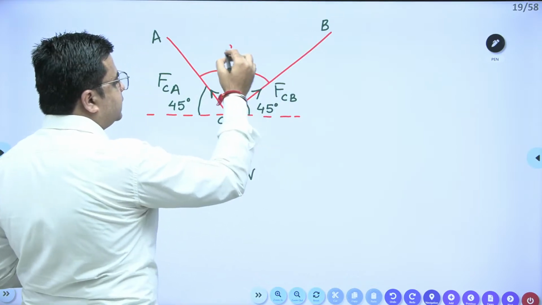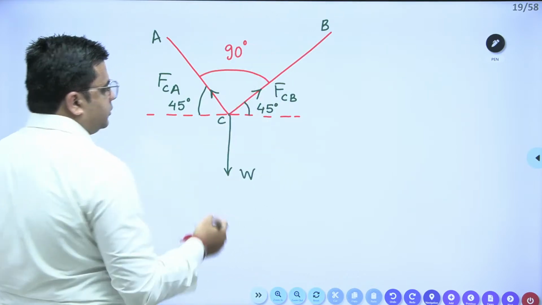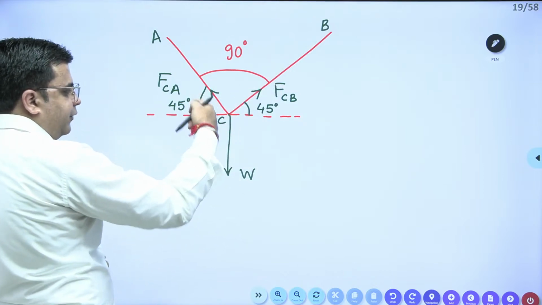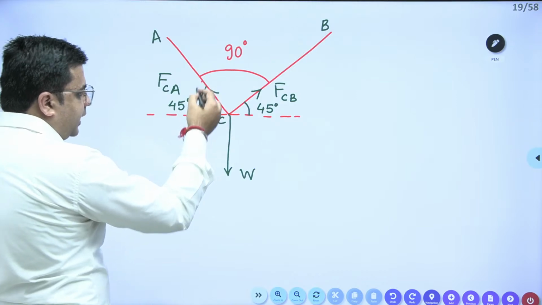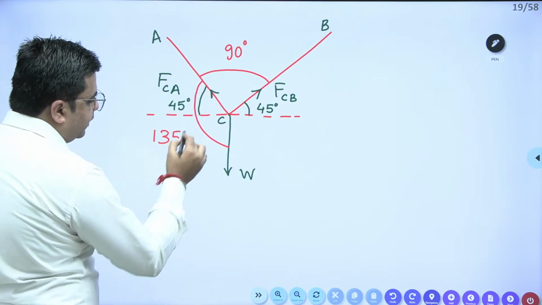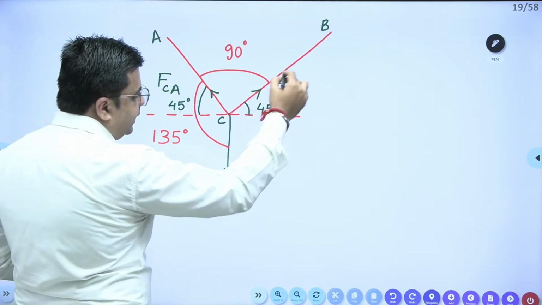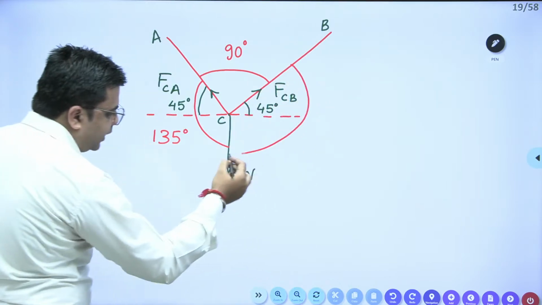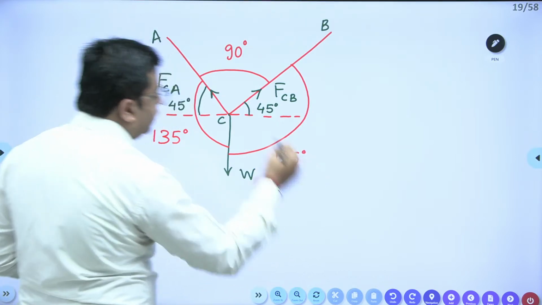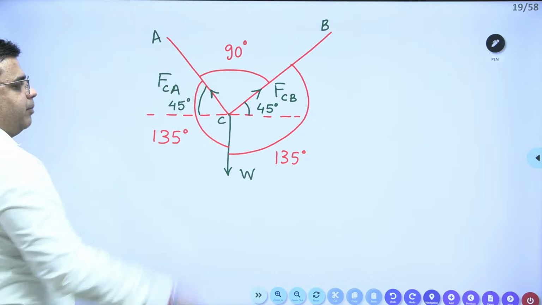This angle is 90 degrees. Opposite to this force, this entire angle is 45 plus 90, so this entire angle is 135 degrees. Similarly, this angle is also 135 degrees, corresponding to member AC.